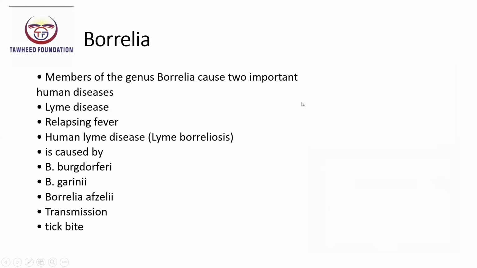Next is Borrelia. Borrelia species are unique spirochetes because they stain poorly with the Gram stain. They do not fit neatly into the categories of either gram positive or gram negative, but their cell envelope structure more closely resembles gram negative bacteria with an outer membrane.